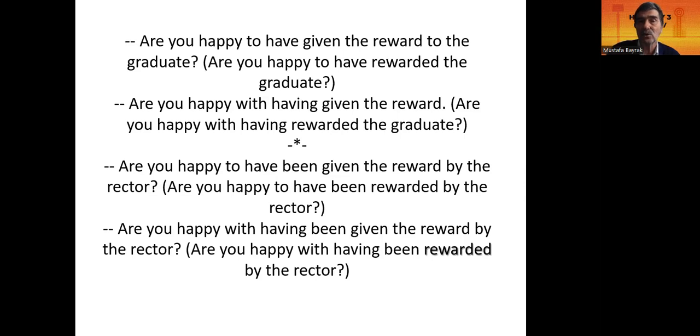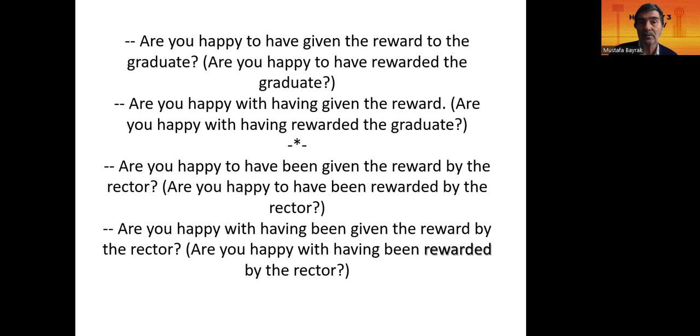Are you pleased to? Are you glad to? Yes. Now, are you happy with? Are you pleased with? Are you happy with having given the reward, or are you happy with having rewarded the graduate? Yes, I am happy with having rewarded the graduate.